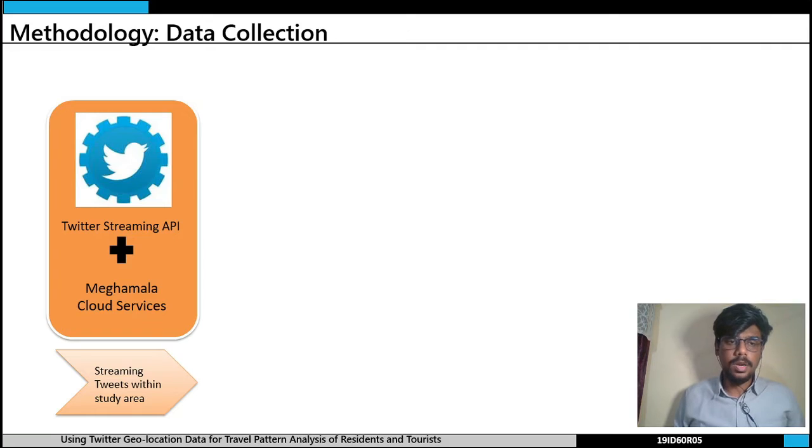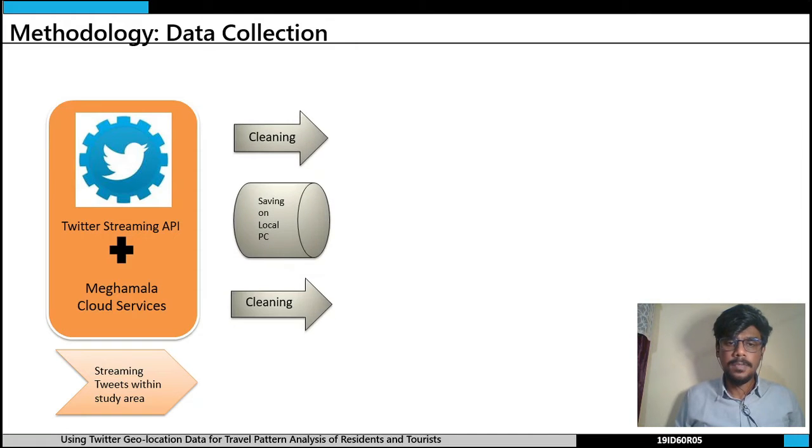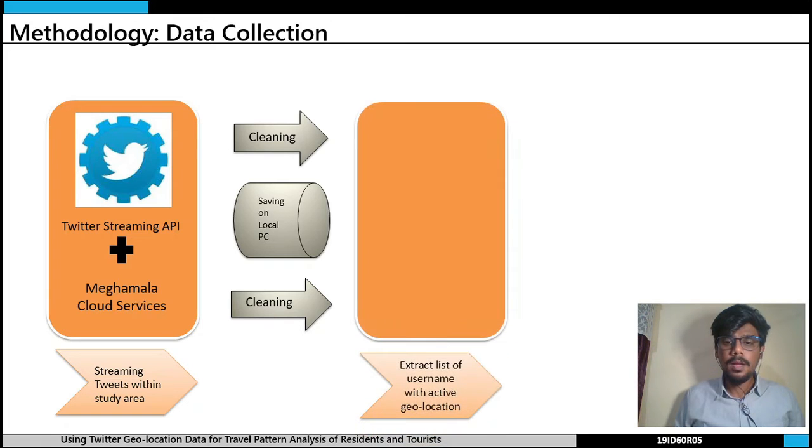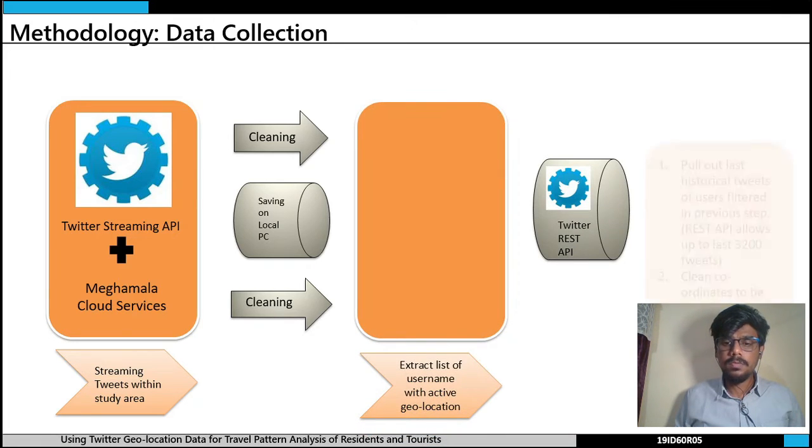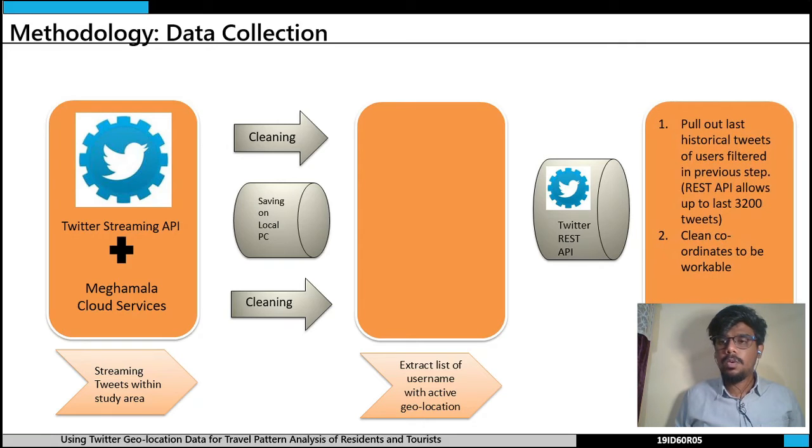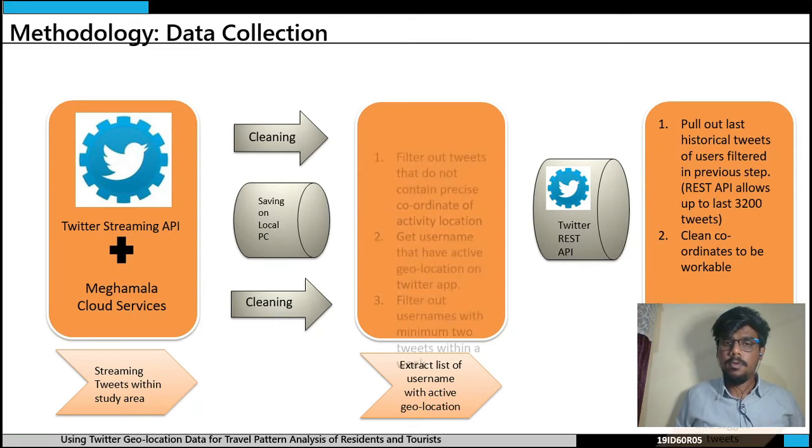For this, I used Twitter's streaming API and Megmala Cloud Services and streamed tweets within the study area. I cleaned them and extracted a list of usernames with active geolocation. I then used Twitter's REST API to pull out historical tweets of users filtered in the previous step. I cleaned the coordinates to be in a workable format.